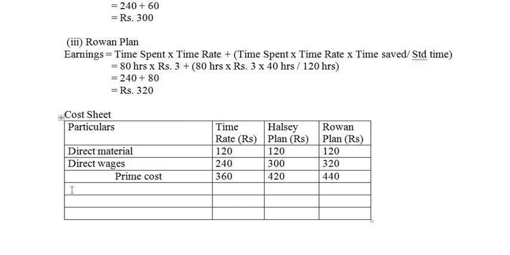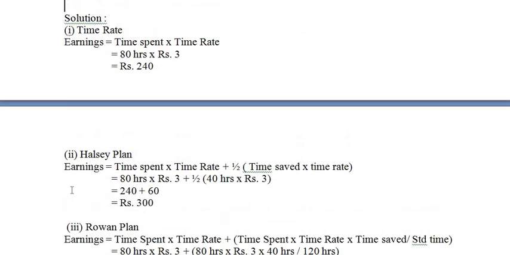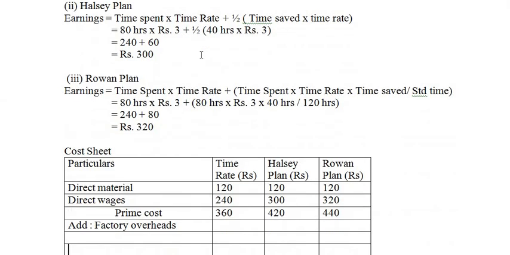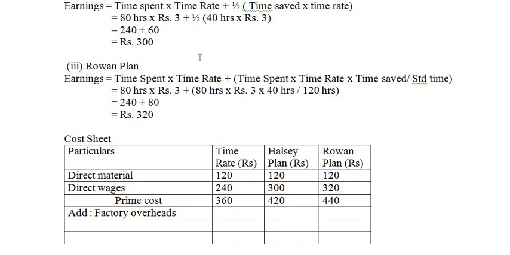Okay. Now our next step is to add factory overheads. Okay. Now go through the problem. Read the second point. The factory overheads are at 125% of wages.